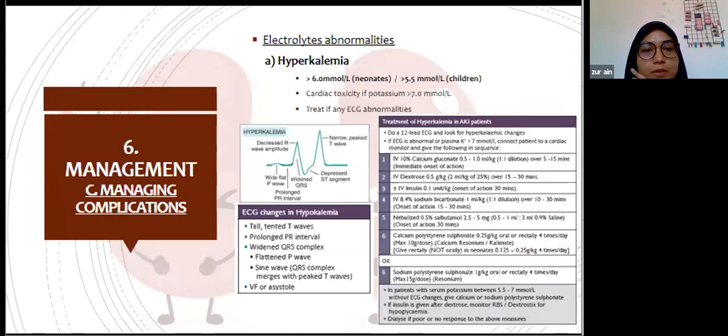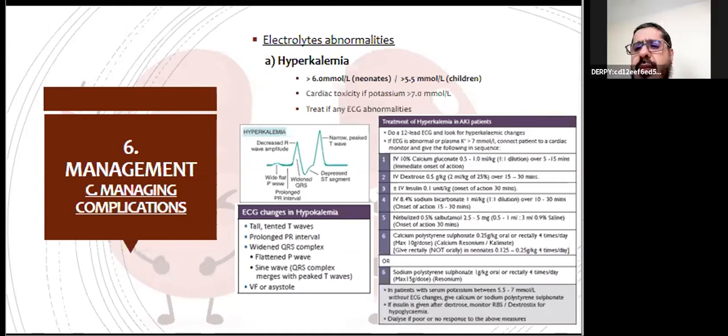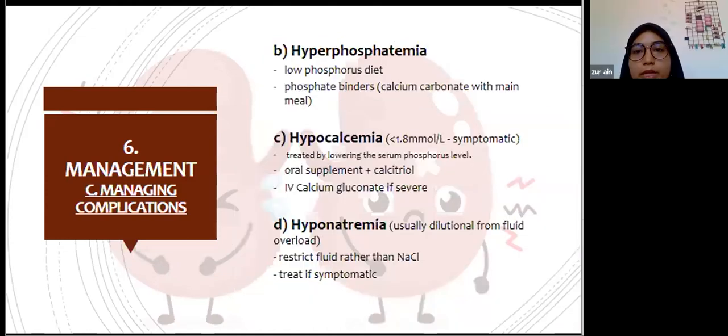So basically from the table itself, the treatment of hyperkalemia is by using a lytic cocktail, which is calcium gluconate, dextrose, insulin, salbutamol, and polystyrene sulfonate. Let's go to hyperkalemia.